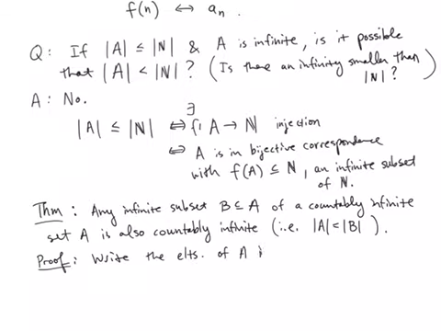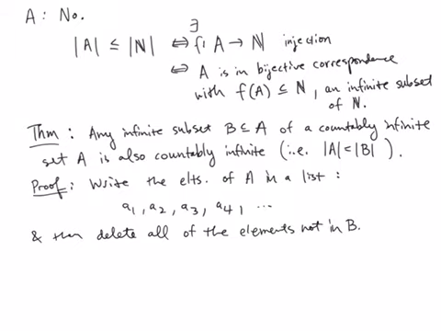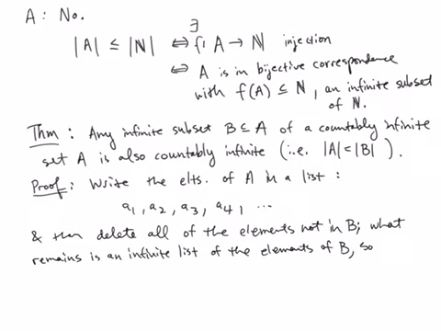So you have A1, A2, A3, A4, etc. And then just delete all of the elements that are not in B. What remains is an infinite list of the elements of B. So B is countably infinite.